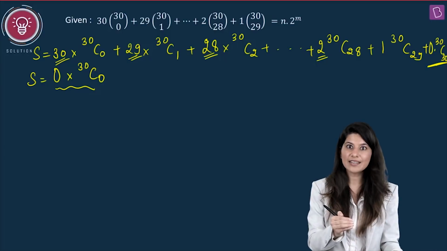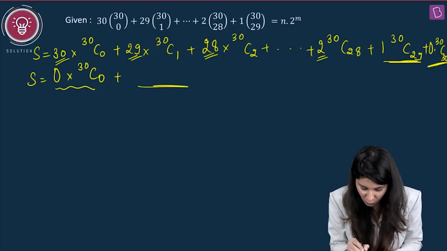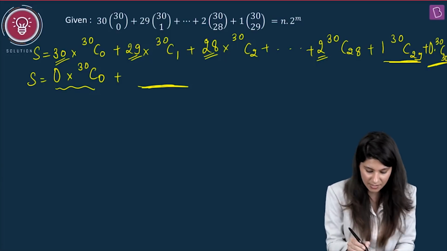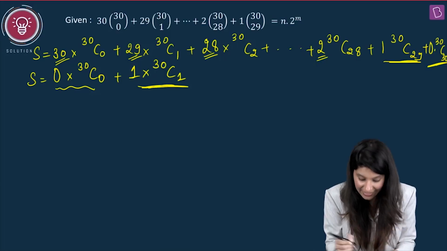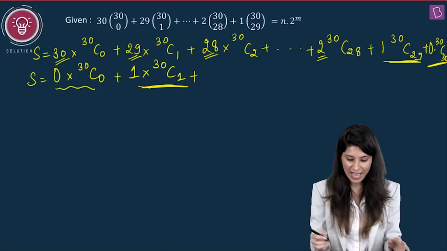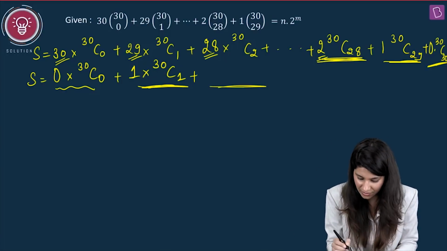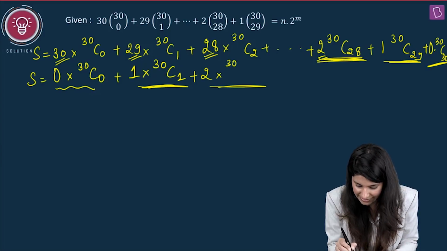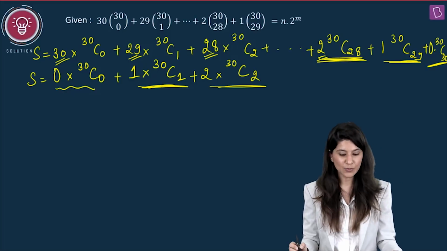Very interesting. So that these two are like terms. Then 1 times 30C29 can be written as 30C1. Interesting. Then third last term, which is 2 multiply 30C28, which can be written as 30C2.